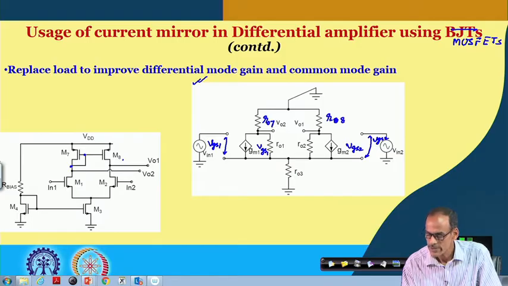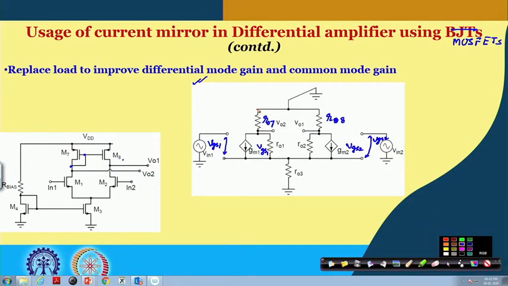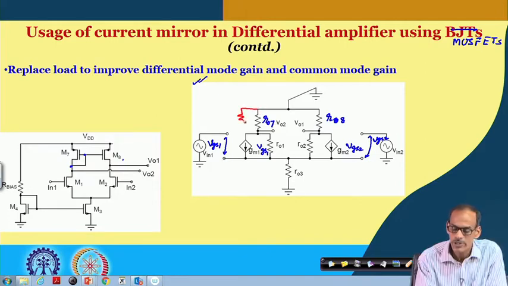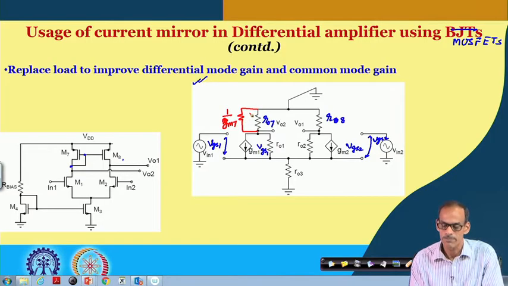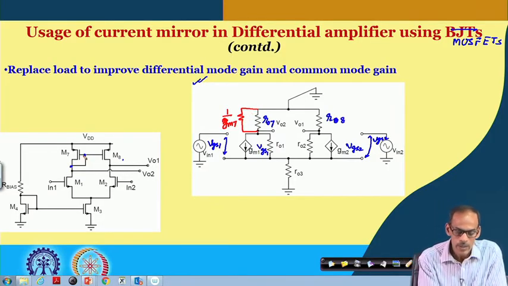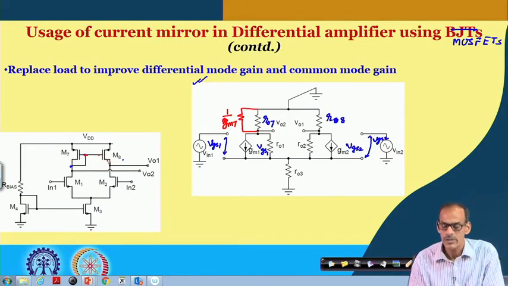What we are expecting is either we draw the voltage dependent current source, or since it is diode connected, you may simply say that 1 by GM7 is the equivalent resistance. Also, this node goes to the gate of transistor 8.